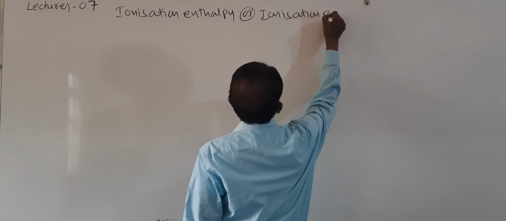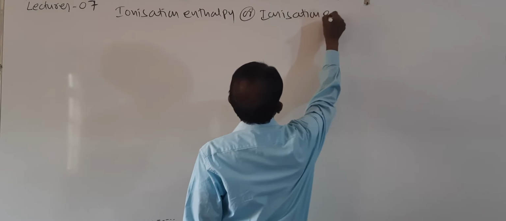Hence delta IH is positive. If the energy is released, then it is negative. Here the energy is absorbed. It takes this amount of energy and the electron is removed.